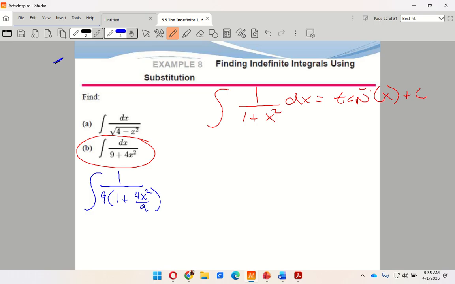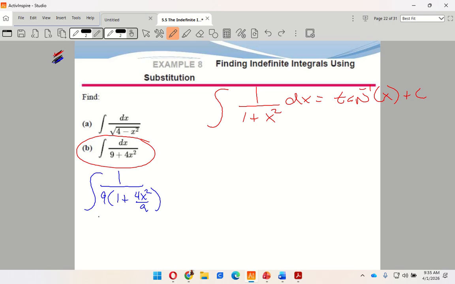What can I do with that 9? This 9 right here? Where can that go? Yes, 1 over 9 out front, right? Let me change it to black.